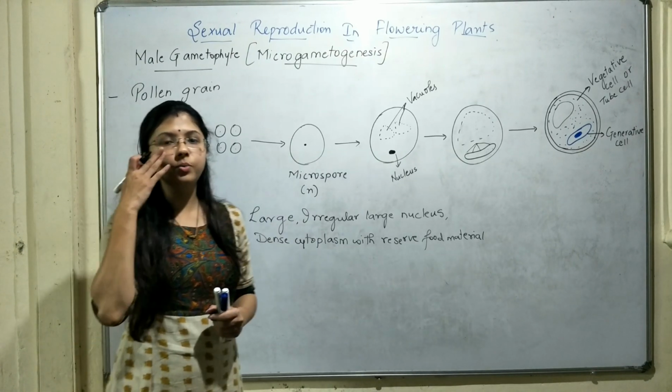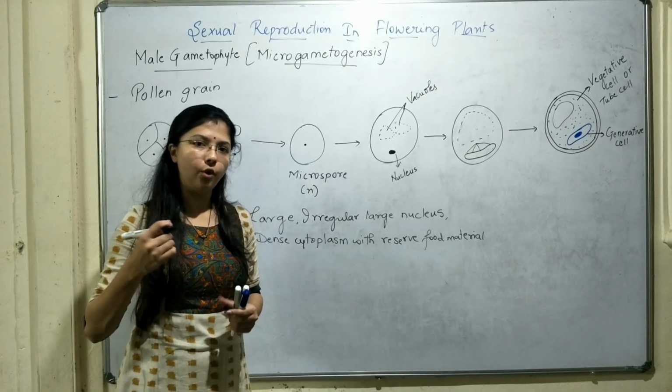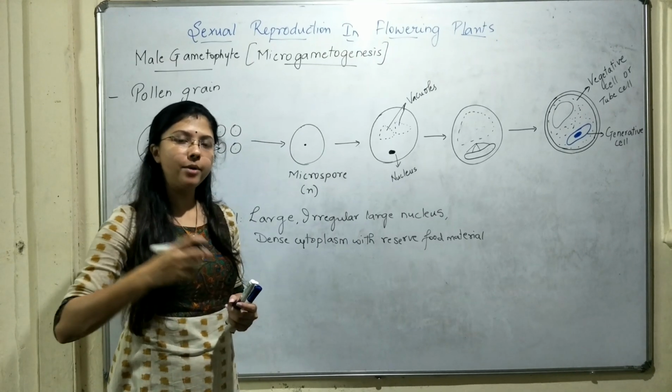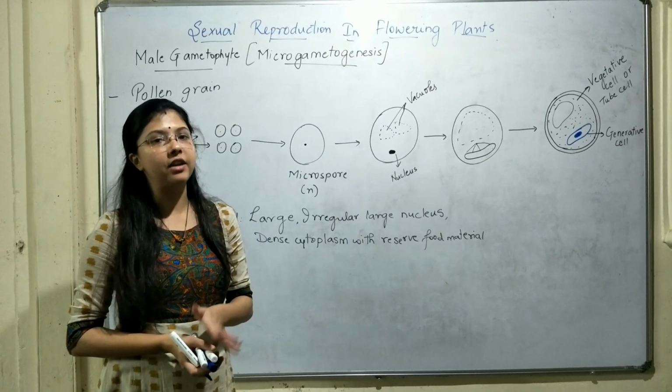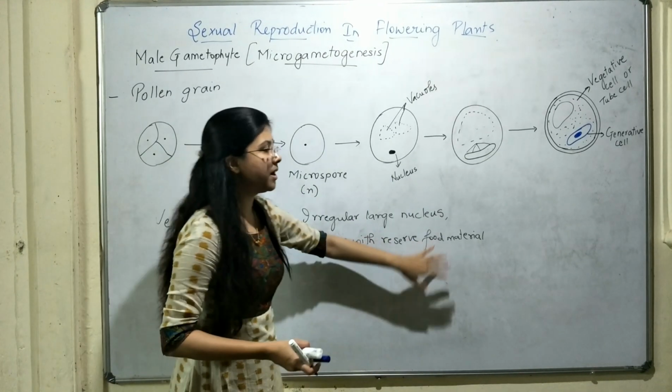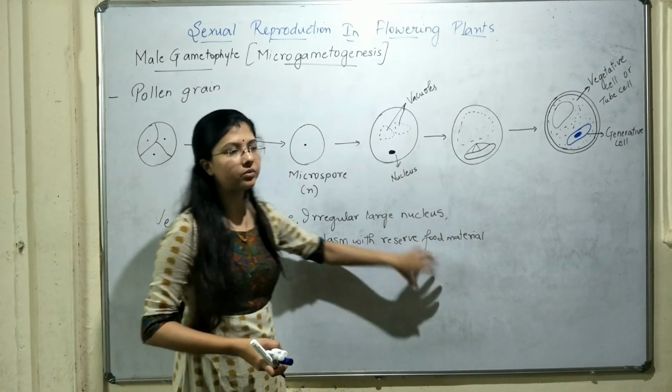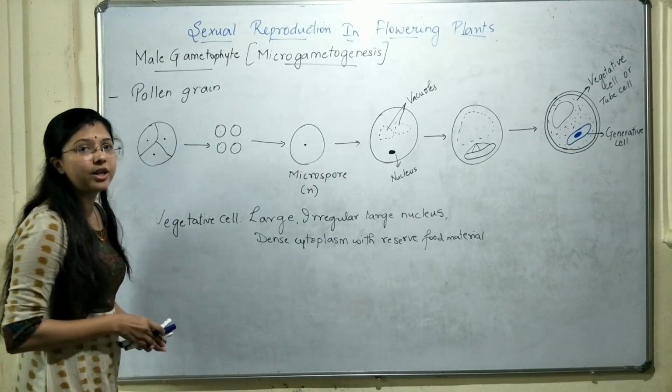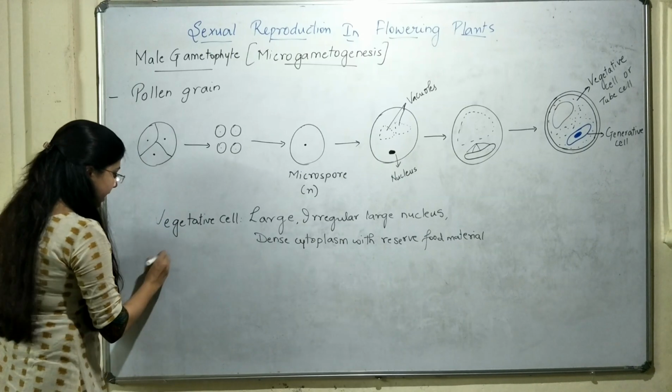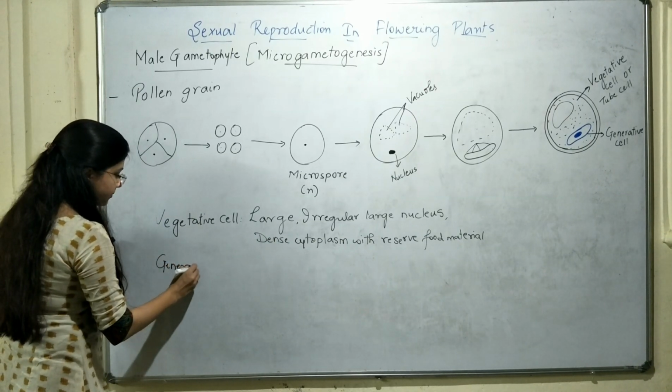Why is it called the tube cell? Because it is involved in the formation of the pollen tube. And for the formation of the pollen tube, a high amount of energy is required, which will be provided by the food materials that are present in the cytoplasm of the vegetative cell. The second cell is the generative cell.